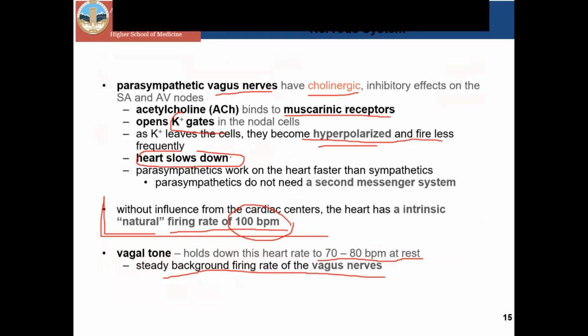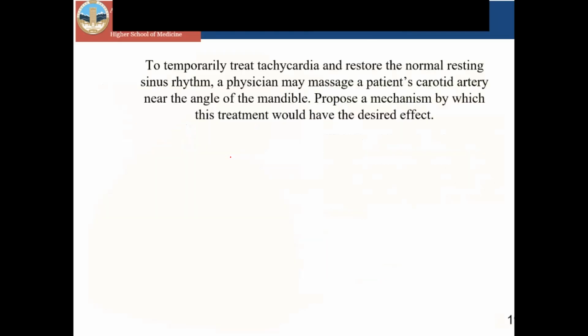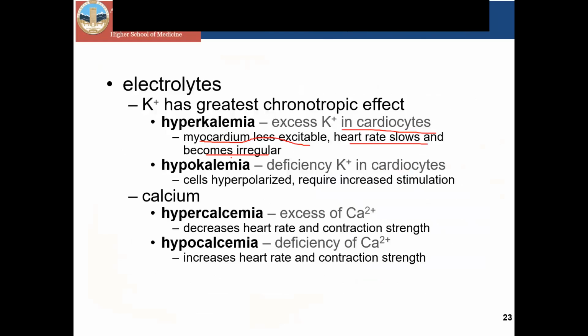This is why the heart slows down. Do you remember this? Now if you go back here, you can see hyperkalemia, excess potassium, and you understand how it slows down our heart. After that, hypokalemia, deficiency of potassium: the cardiocyte cells are hyperpolarized and require increased stimulation.